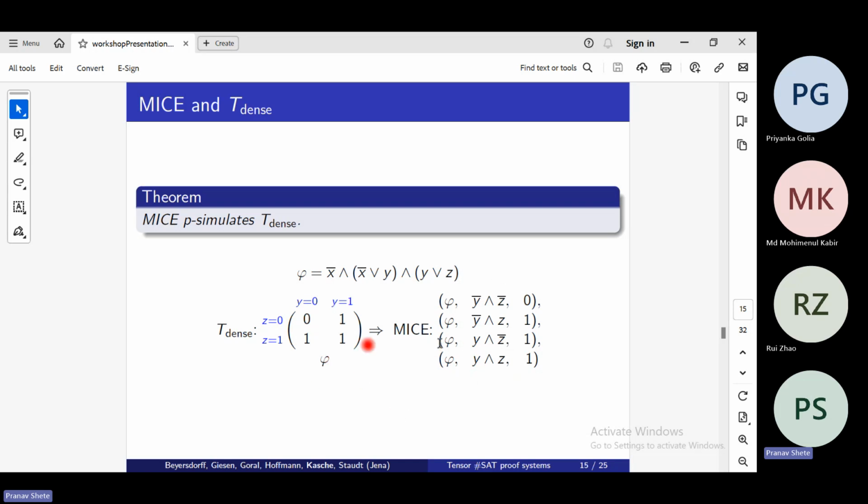The position within the tensor will become the partial assignment. So here y and c are equal to 0. So we have the partial assignment here, and the tensor entry will become the model count. And if we do this, all the tensor operations become operations in the MICE proof system. So the simulation works out.